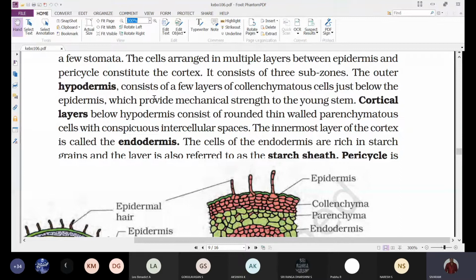When you observe the cells present in the endodermis, they are rich in starch grains, and the layer is also referred to as a starch sheath.